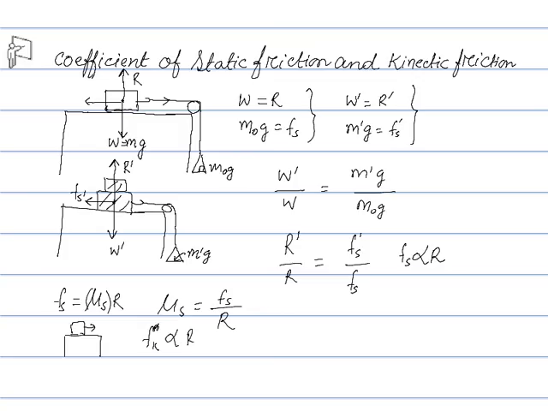Let Fk be proportional to normal reaction, so therefore Fk will be equal to a constant of proportionality mu k times R. This mu k is called the coefficient of kinetic friction. So the coefficient of kinetic friction can be defined as the ratio of kinetic friction to the normal reaction.